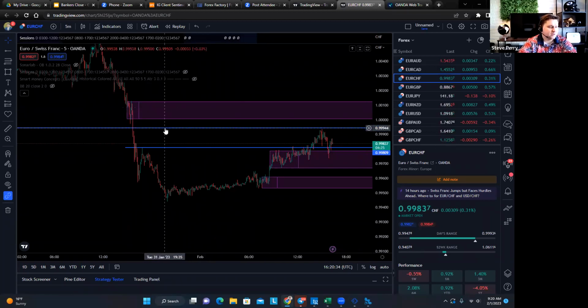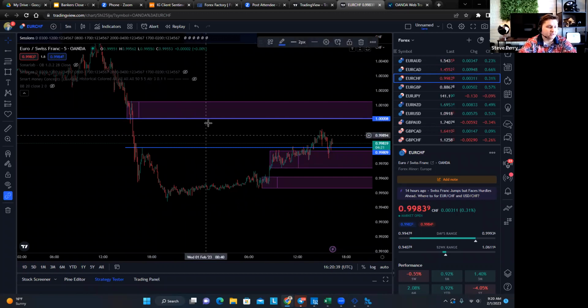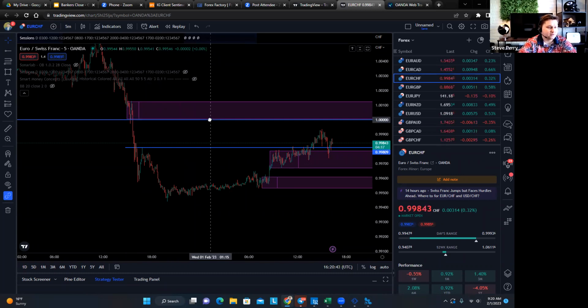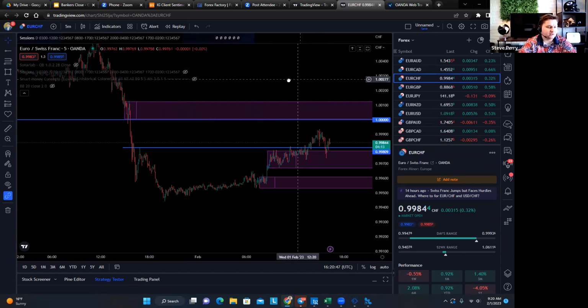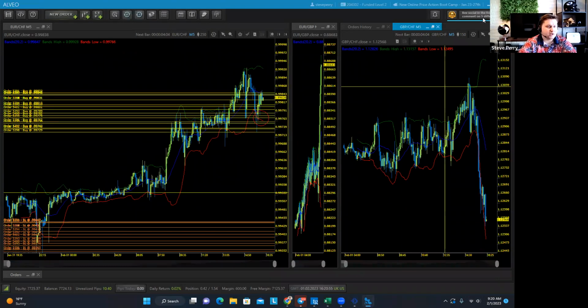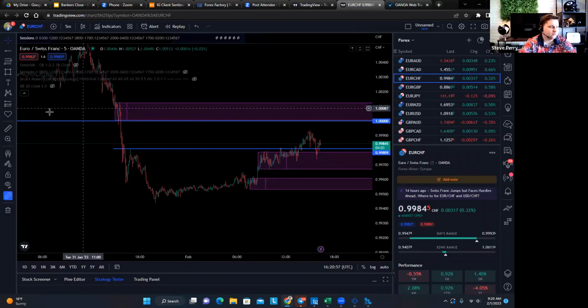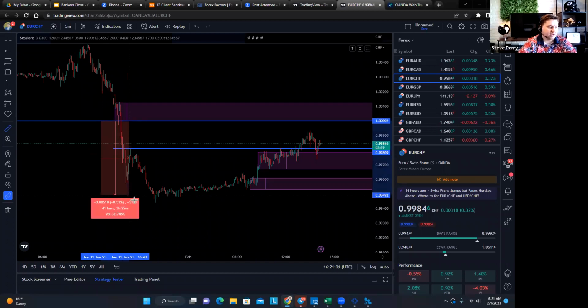So that's basically at $1. So that's a figure level right there. So maybe I'll just put them just below $1 as our target. But that would be a great place to target this morning. It looks like to me that this Euro franc broke below $1 last night, and it didn't really like it.